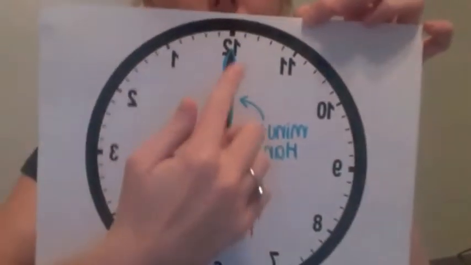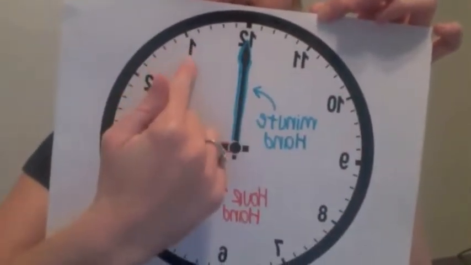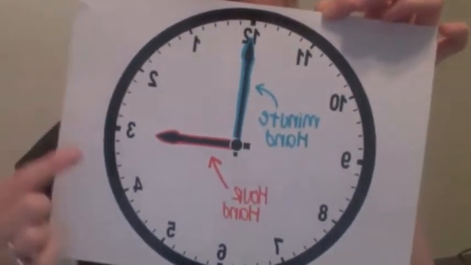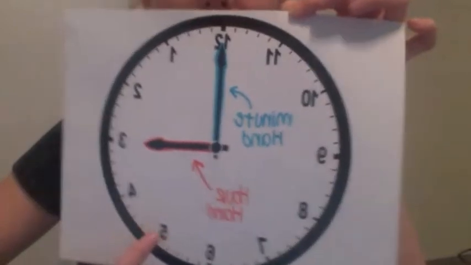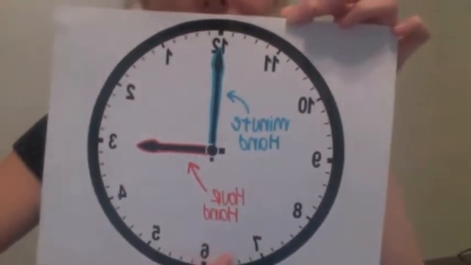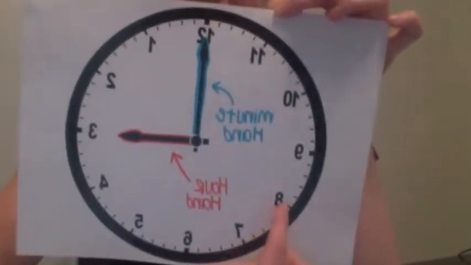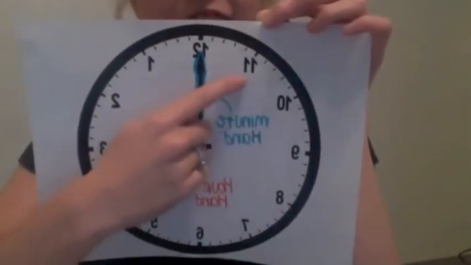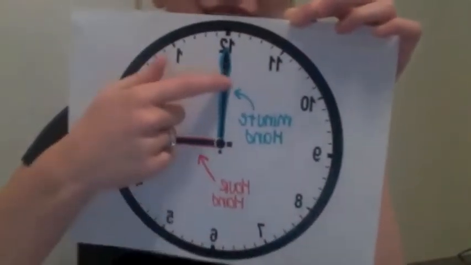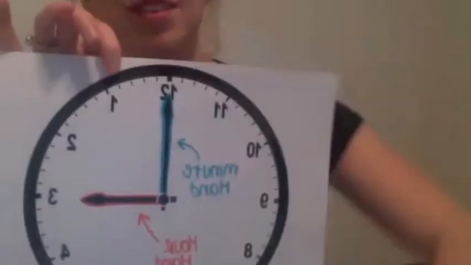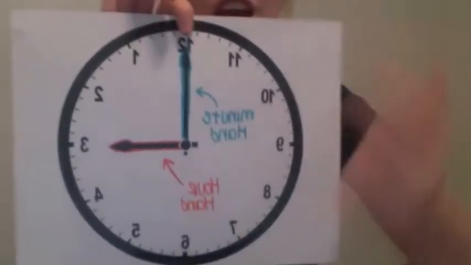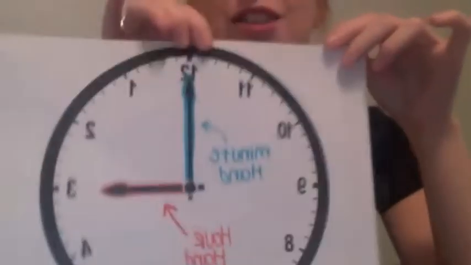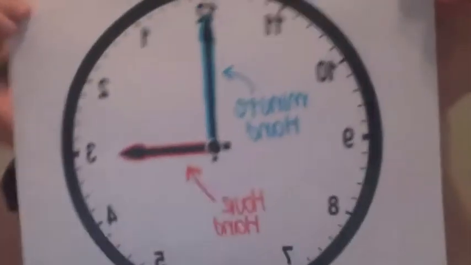We can either be at 12 o'clock, 1 o'clock, 2 o'clock, 3 o'clock, 4 o'clock, 5 o'clock, 6 o'clock, 7 o'clock, 8 o'clock, 9 o'clock, 10 o'clock, 11 o'clock, or back to 12 o'clock. So those are our hours of the day. Well, what else do you notice that's on this analog clock?